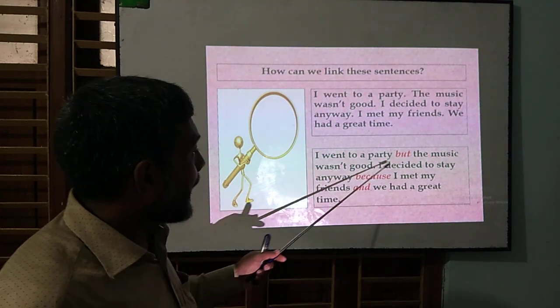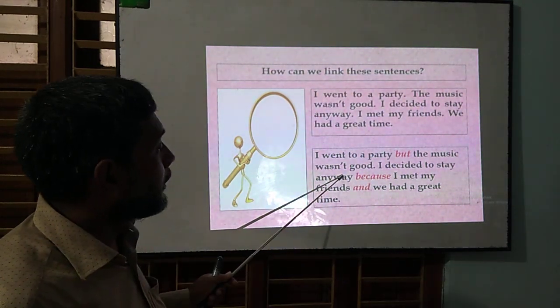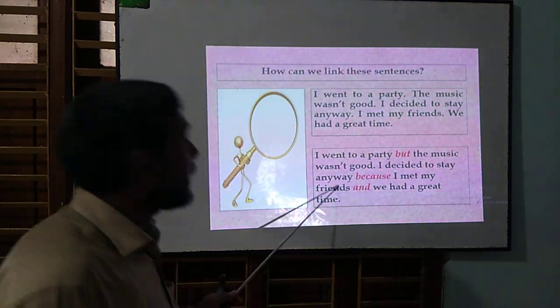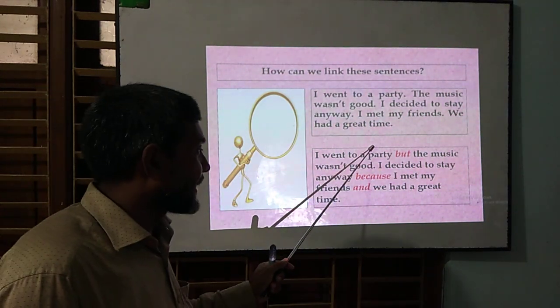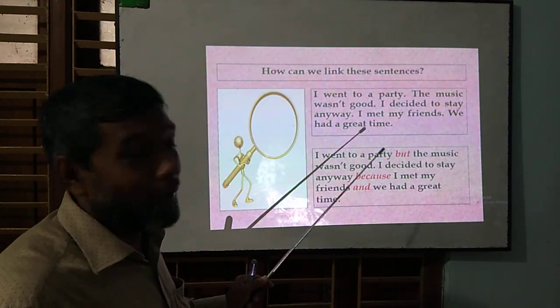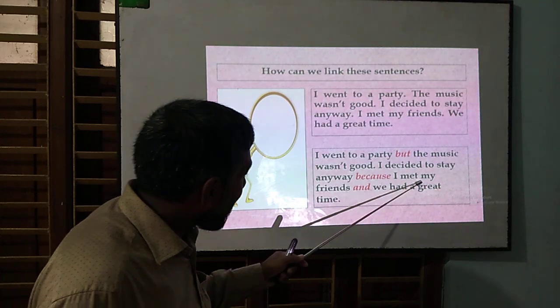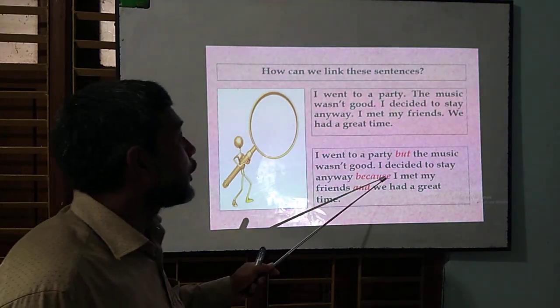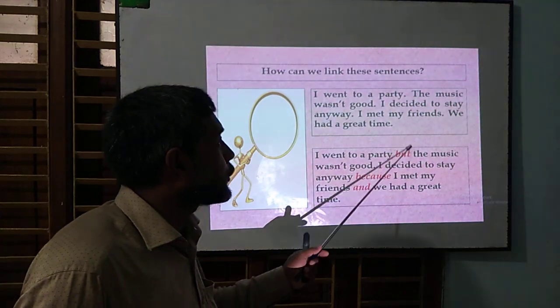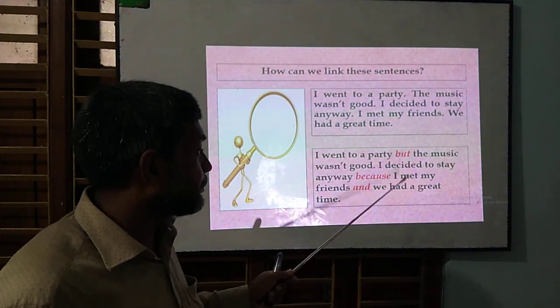Again, I decided to stay anyway. Why? Because I met my parents. The music wasn't good, but I was staying there. Why? The reason behind it, I met my parents. So I have used here but, as they are opposite.